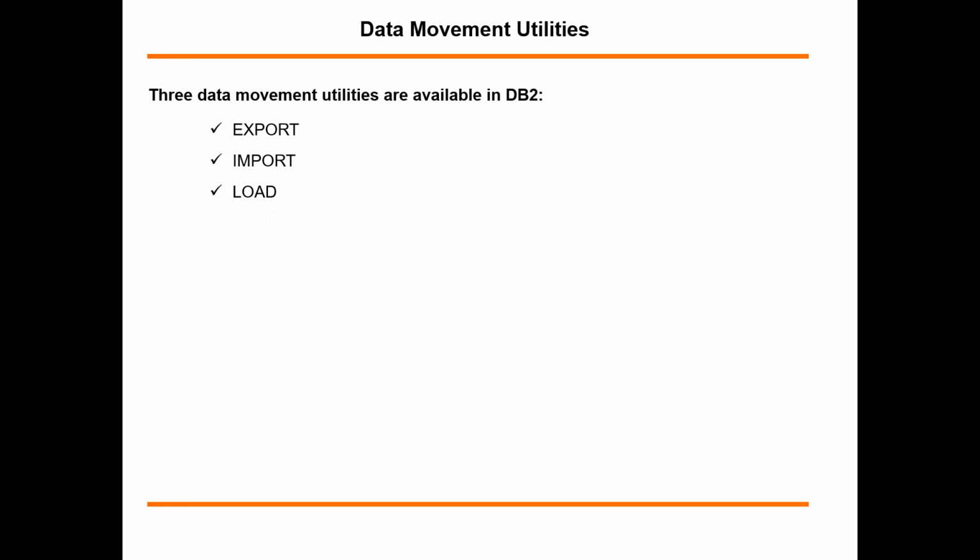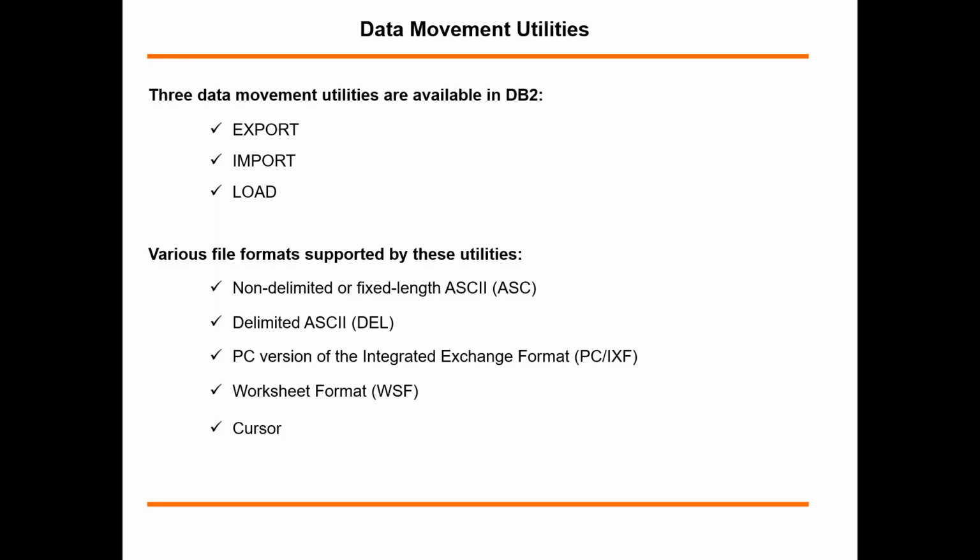Before we go and understand these three different utilities, let's first understand the various file formats available in db2. There are 5 different file formats. When I say file formats, I mean the data that is the input or output of these utilities.